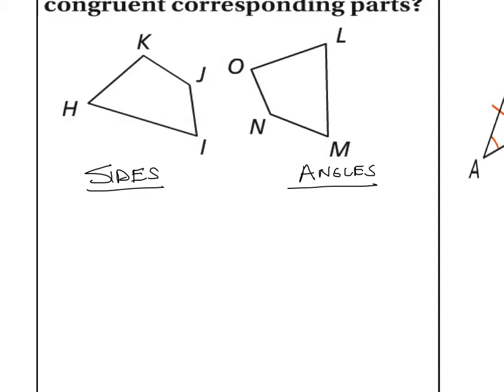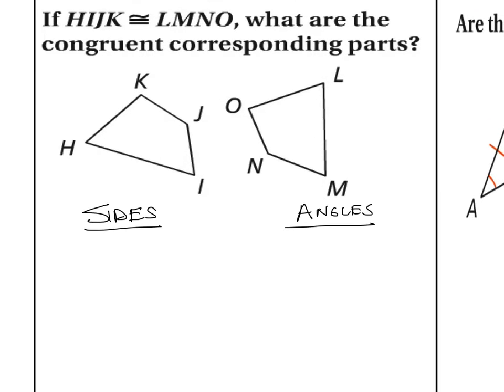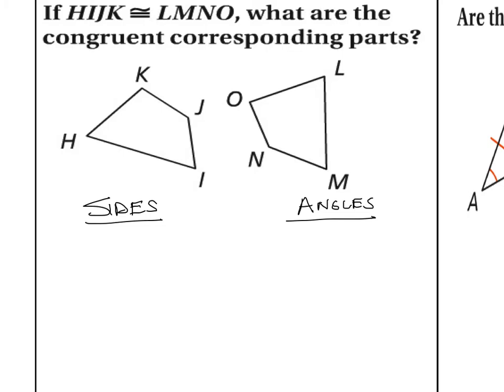Okay, now that you've hit pause and you've come up with some answers, I want you to take a look at what we have and what you have. So the sides that are congruent, as I look at this set of names up here, I'm going to start with the sides, and I'm just going to use my letters in order.